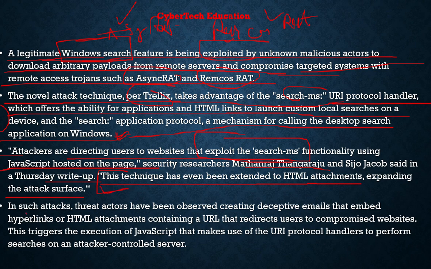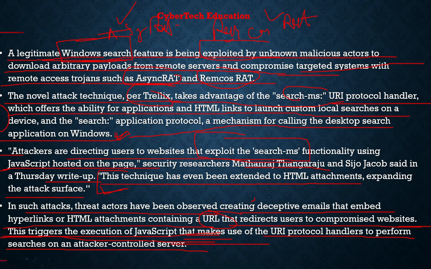In such attacks, threat actors have been observed creating deceptive emails with embedded hyperlinks or HTML attachments containing a URL. That redirects the user to compromised systems and triggers the execution of JavaScript, which also makes use of the URL protocol handler to perform searches on an attacker-controlled server.